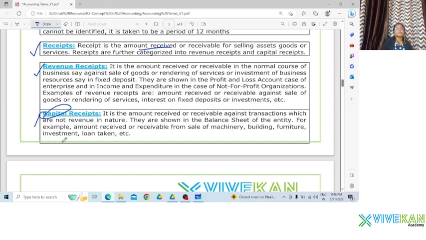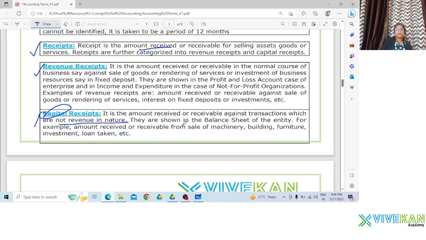Then our other definition is capital receipts. A capital receipt, in simple terms, is something which is not in your normal course of business, but maybe due to the sale of your plant and machinery. So these are called capital receipts, which are not revenue in nature.